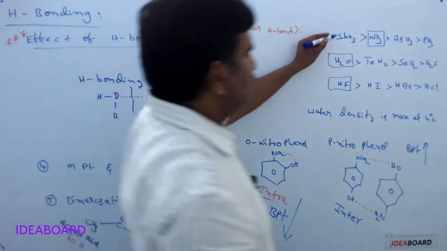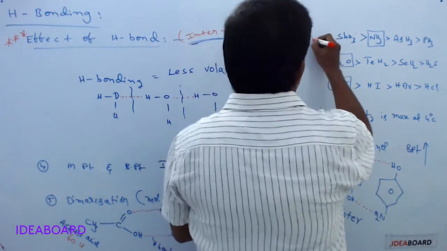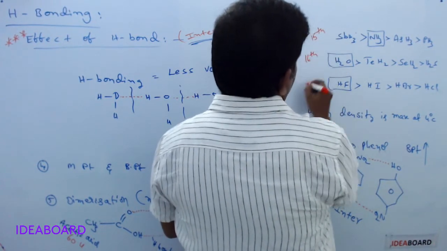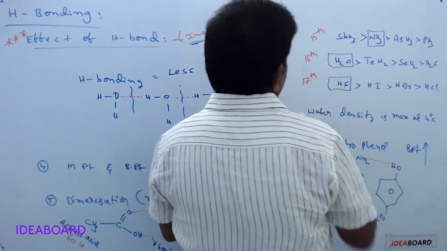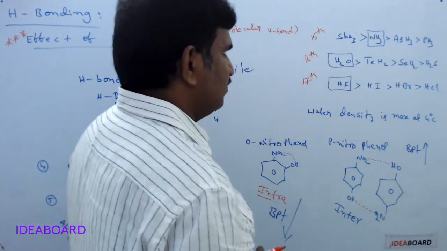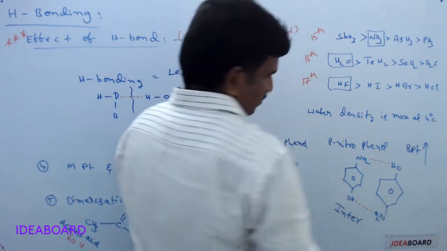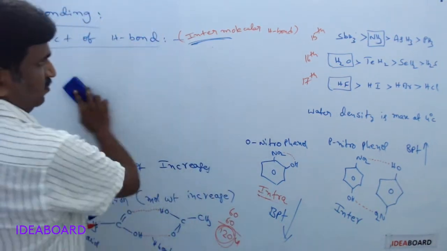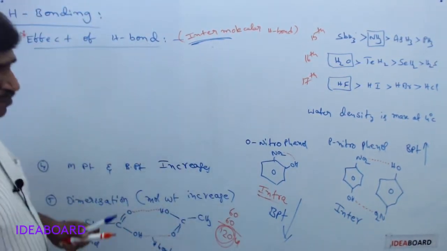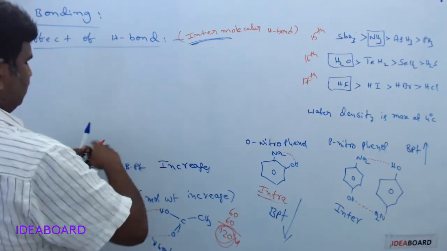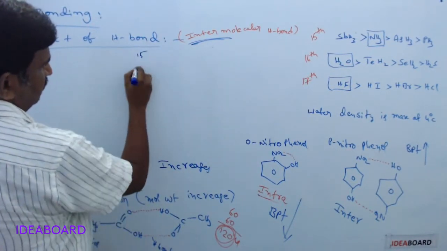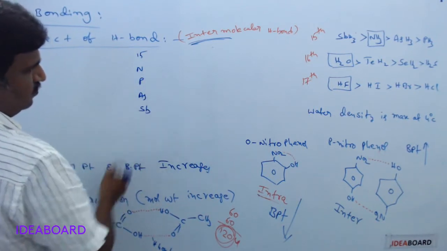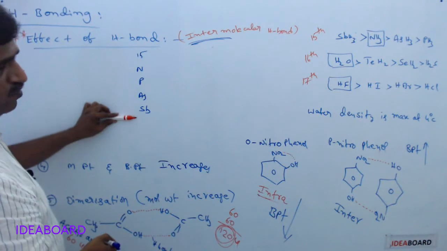And I gave these examples because this is the 15th group in the periodic table, this is the 16th group and this is the 17th group. Generally in a periodic table, in any group, for example, 15th group elements: nitrogen, phosphorus, arsenic, antimony, from top to bottom.